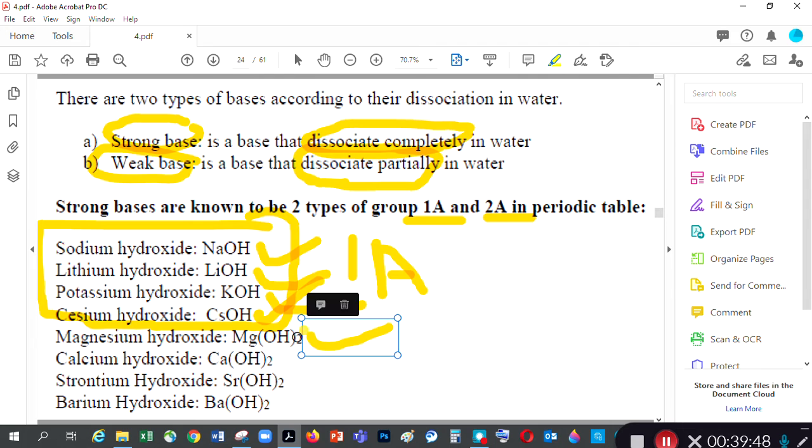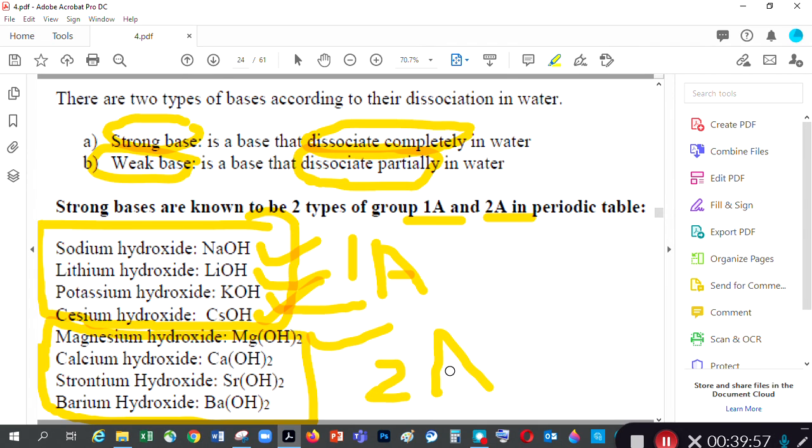And this group here is 2A. So the magnesium hydroxide, calcium hydroxide, strontium hydroxide, barium hydroxide, those are the only strong bases we know, group 1A and 2A.